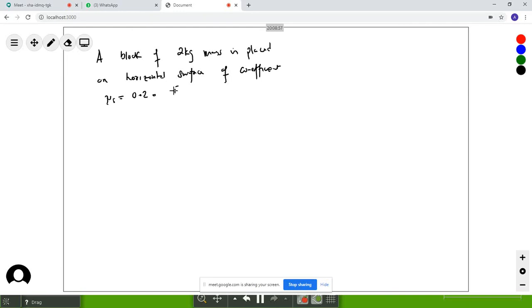Clear? Find the force of static friction. Draw the picture and tell me. Take g equal to 10. In the exam, please use g equal to 9.8.